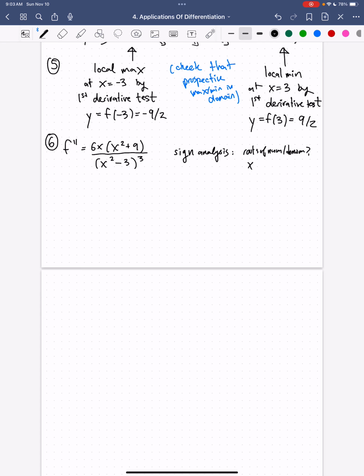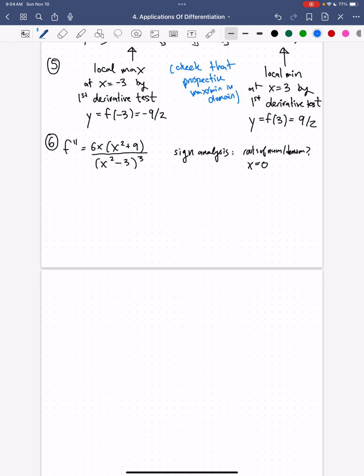So for instance, from the numerator we get x equal to 0 as a root, because when x is 0, the top is going to be 0. But specifically, for x values on either side of 0, this 6x is going to change from negative to positive, and that's going to change everything from negative to positive, right?